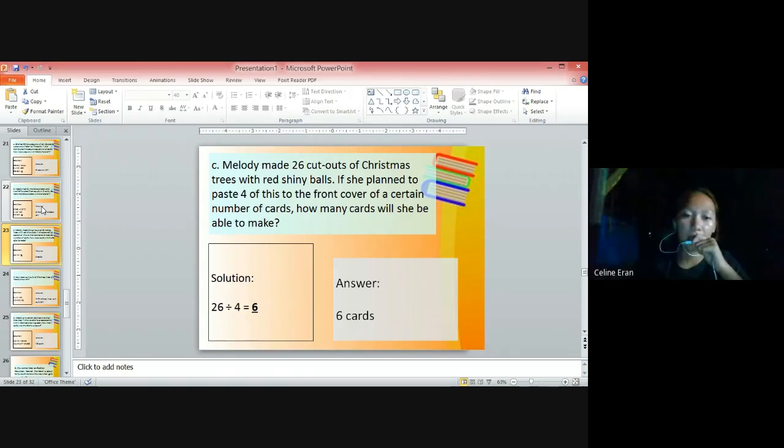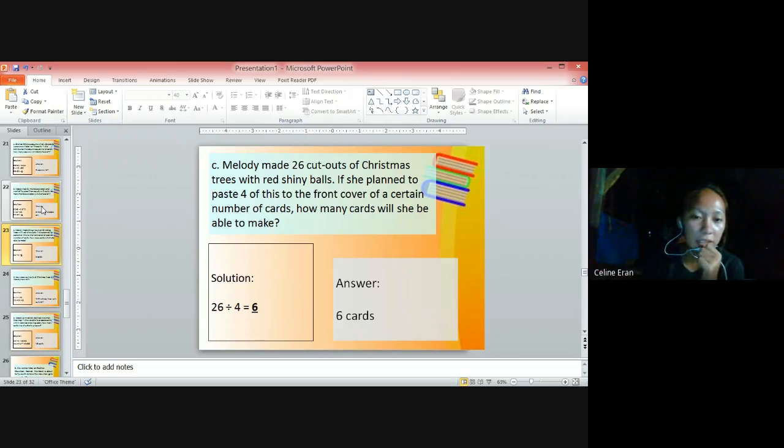C. Melody made 26 cutouts of Christmas trees with red shiny bows. If she planned to paste 4 of these to the front cover of a certain number of cards, how many cards will she be able to make? So here's the solution. 26 divided by 4 equals 6.